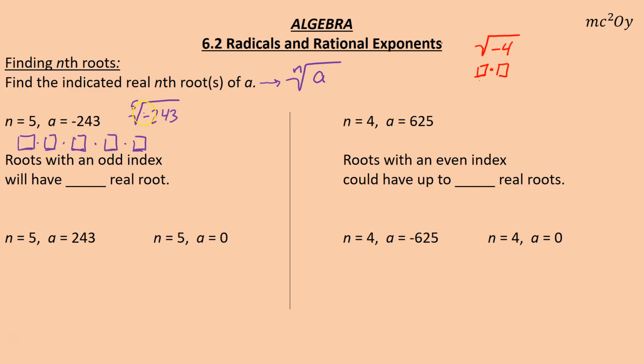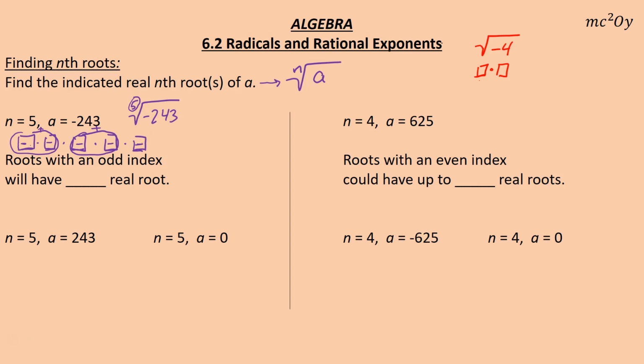We can't multiply all positives and get a negative, so these 5 things would all have to be negatives. Well, notice what happens. 2 negatives make a positive, so this pair of negatives make a positive. This pair of negatives make a positive, but then you have that extra lone negative there, and that's how we get the negative there. So when you're dealing with odd roots, you can have a negative on the inside.